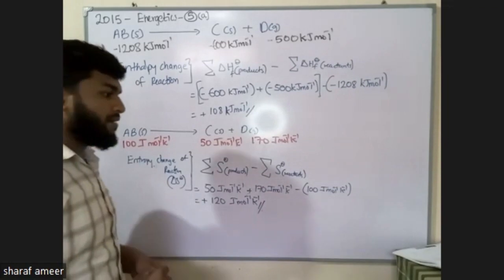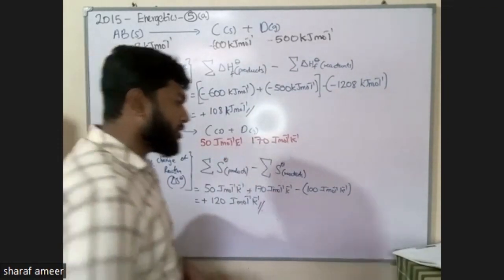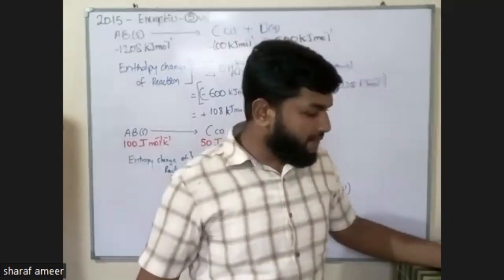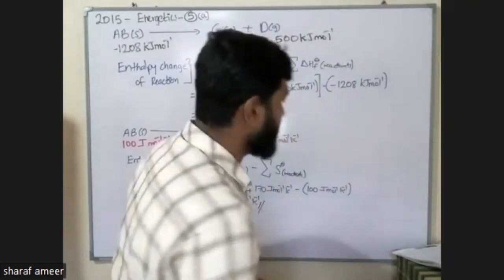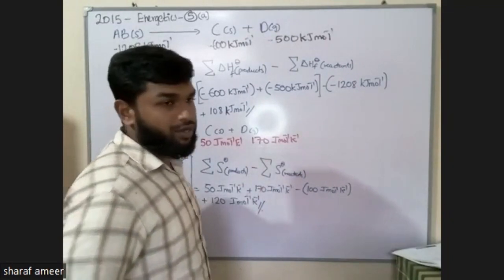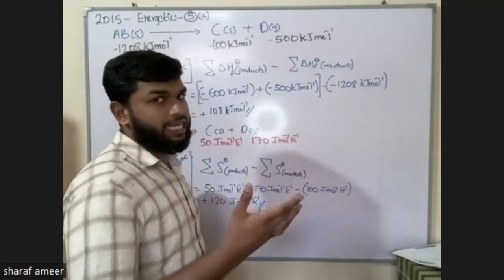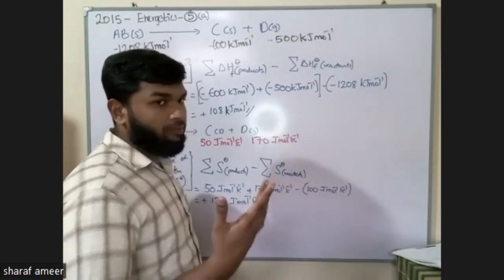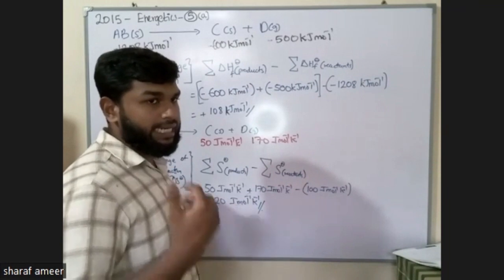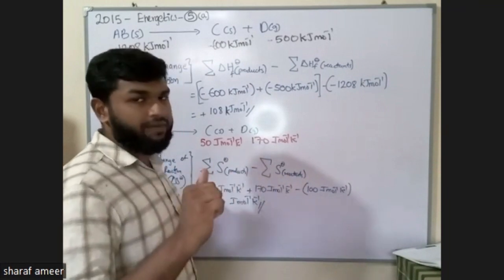Now they have asked to show that the reaction is non-spontaneous. To show the spontaneity, we know that Gibbs free energy shows the spontaneity of a reaction. If delta G is positive, it is non-spontaneous. When delta G is 0, it is in equilibrium.